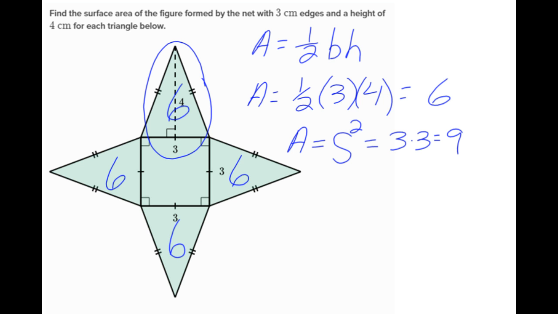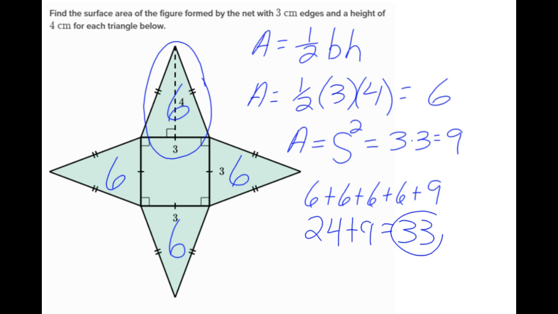So I'm going to have 6 plus 6 plus 6 plus 6 plus 9. That would be the surface area of my net, the area of all of the faces added together. So that's 24 plus 9 is 33. So the answer is 33.